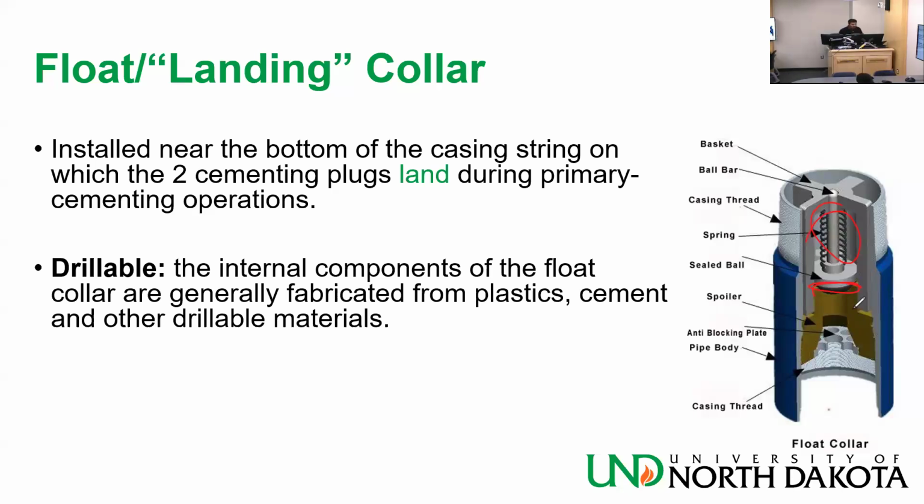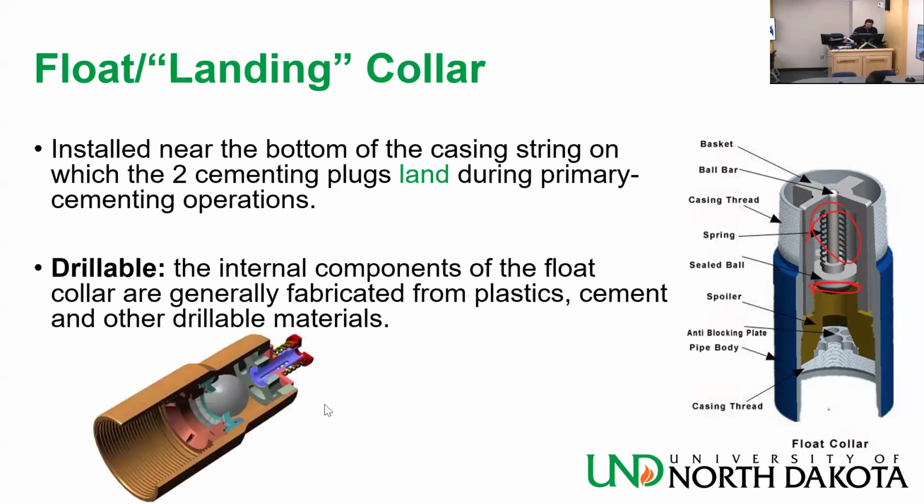You may want to use two float collars. Then you have a short section of cement to drill after the cement job between the two float collars. That's generally fine. It's not going to be a tall cement column, but do whatever you want as long as you don't leave any cement inside the middle of the well.